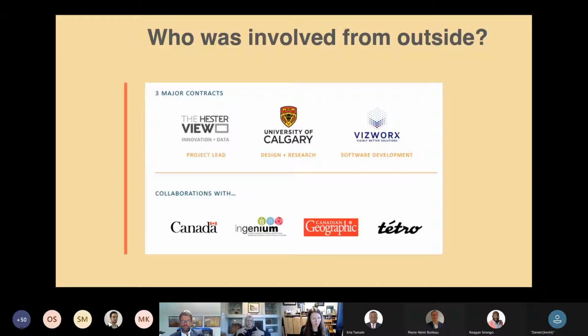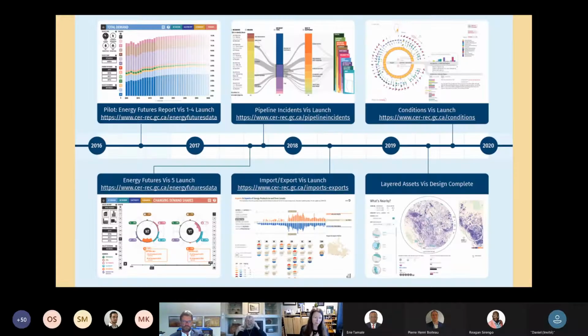So soon enough, VisWorks, which is the software company, was also bringing a bunch of innovation. Everybody was egged on. We ended up identifying the core elements that we would visualize, but the strategic decision of what to visualize was a strategic decision, because we wanted to increase the complexity of the data sets as we moved along.